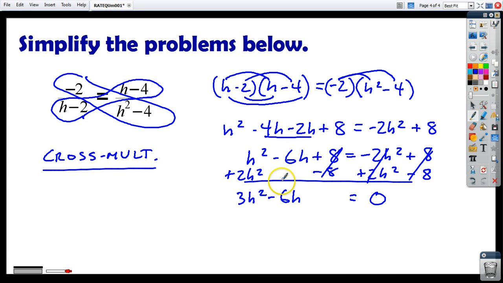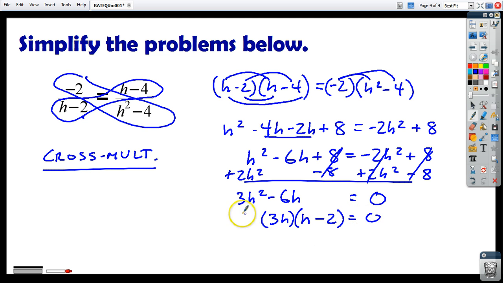Alright, and then I see if I can factor this problem, and I see these have a common factor of 3H. So if I take that out, I'll get leftovers of H minus 2. I'm just basically doing distributive property backwards.